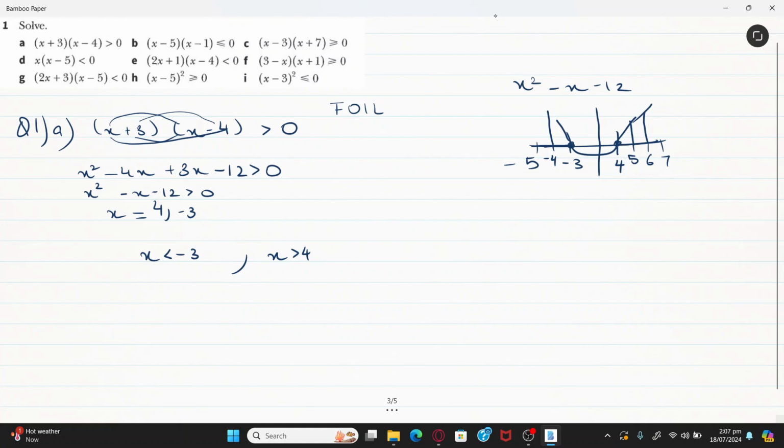If we had taken the points lesser than 0, we would have said x is greater than -3, meaning it would go this way, but it is lesser than 4.